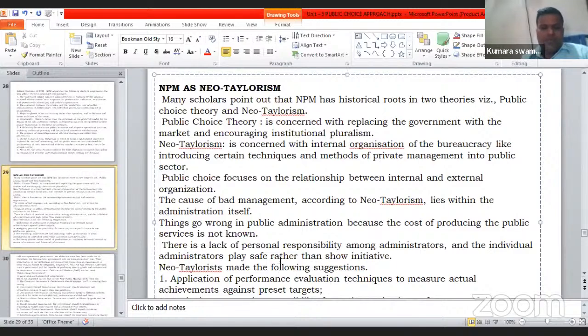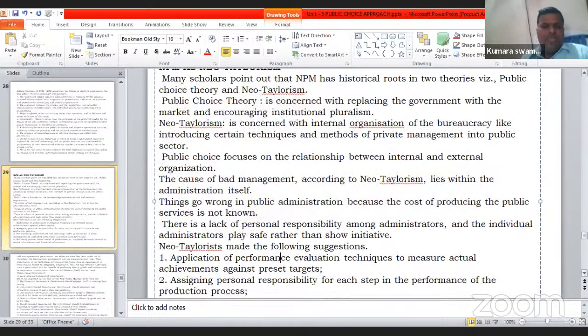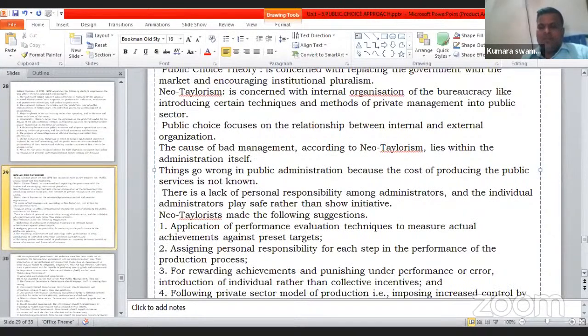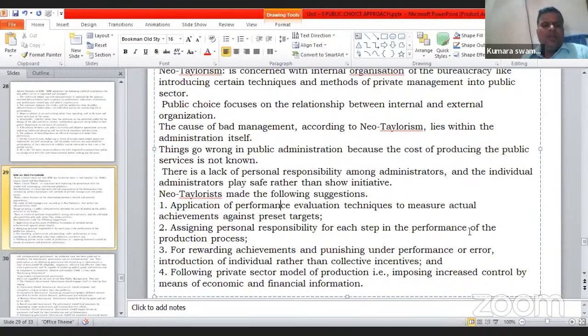Neo-Taylorism has focused on, and suggested, a few areas, three areas mainly: application of performance evaluation techniques, different methods and different models of achieving, and assigning personal responsibility for each employee in the performance production process. They want to see the performance production process. So first, application of performance evaluation techniques and methods, and they want to assign personal responsibility for the work process.